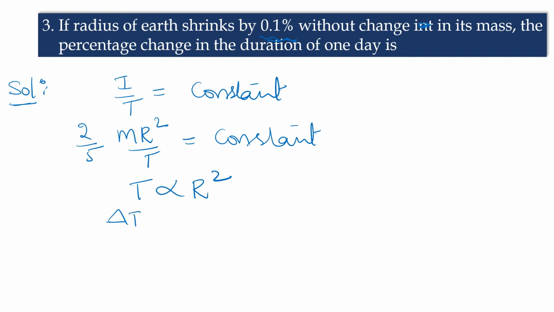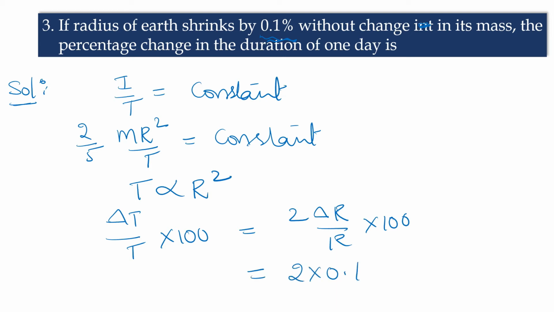So delta T by T into 100 is equals to 2 into delta R by R into 100. So that is equals to 2 into 0.1 percentage. So percentage change in the duration of one day, delta T by T into 100 is equals to 2 into 0.1, 0.2 percentage.